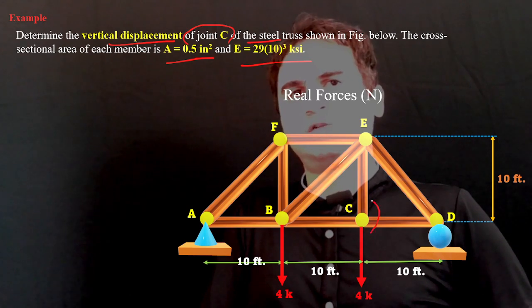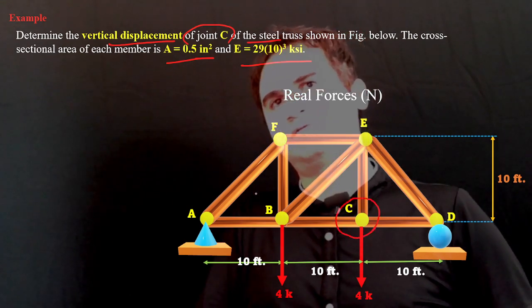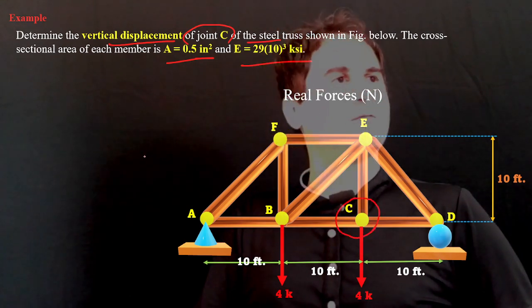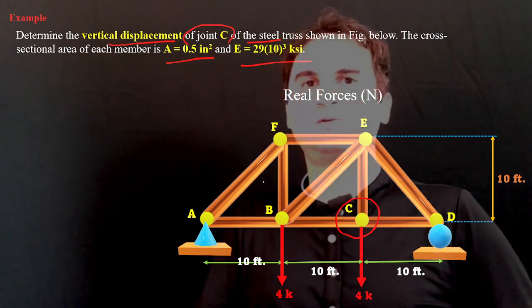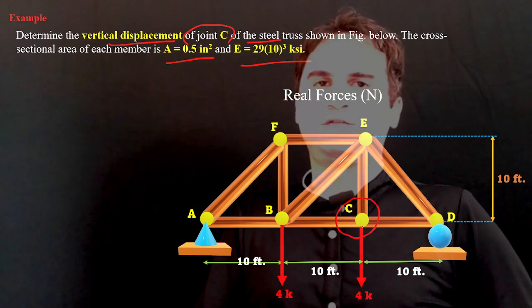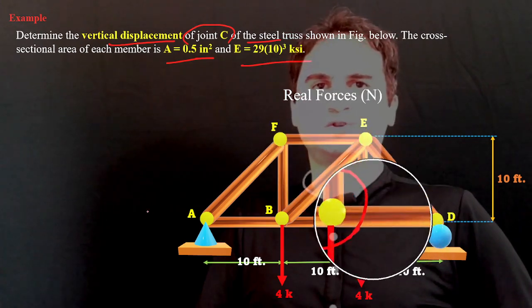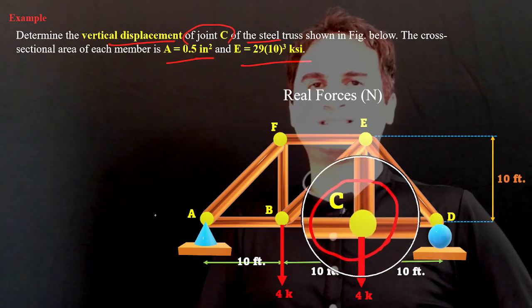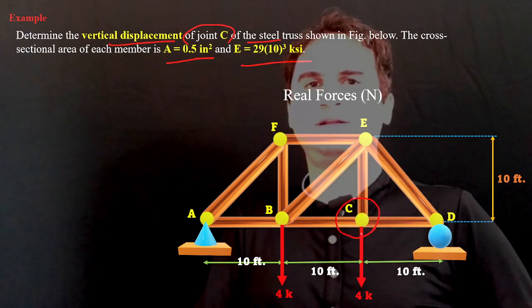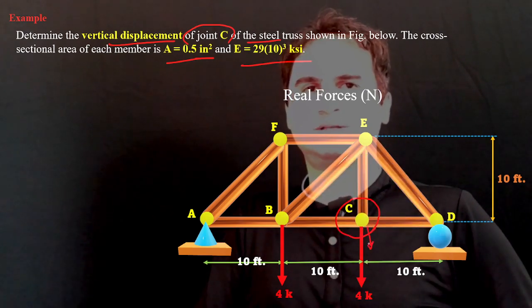Before solving the problem, let's see if we can solve this problem with the work and energy method. That's a real work method, because the effect of the force is at the joint. There is a 4K force applied directly at joint C, and we want to calculate the downward displacement, and we have a force applied there.